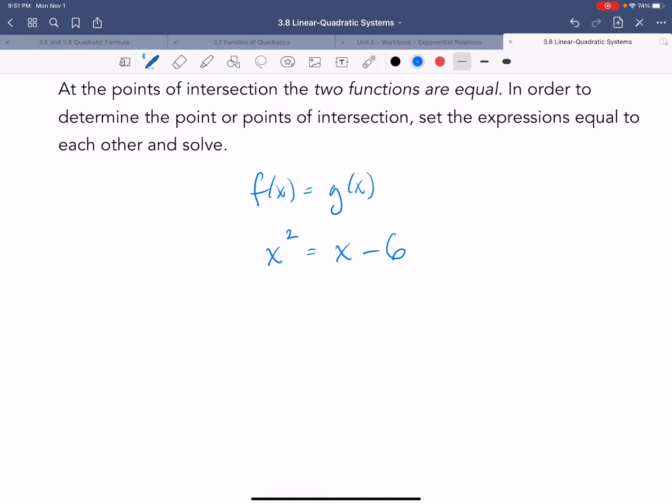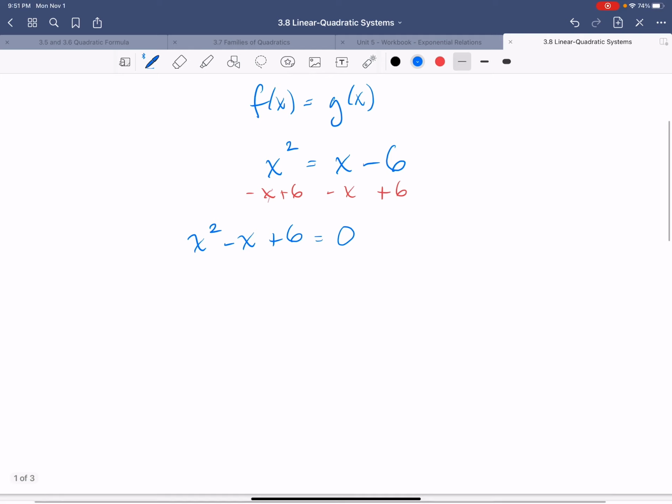And if I'm solving for x, I would rearrange by doing the opposite operations to make it equal to 0, right? So on the left side, I have x squared minus x minus 6. And then we'll factor: x times x, 3 times 2, doesn't work.